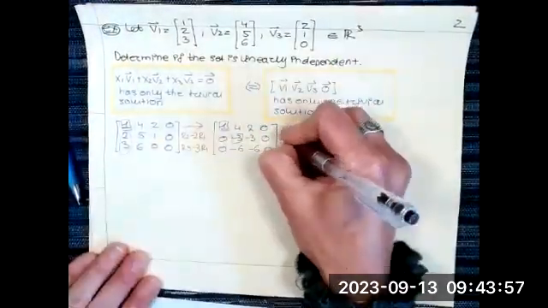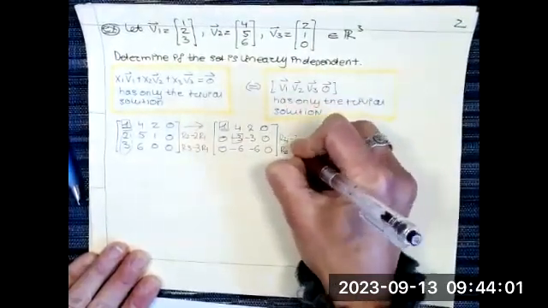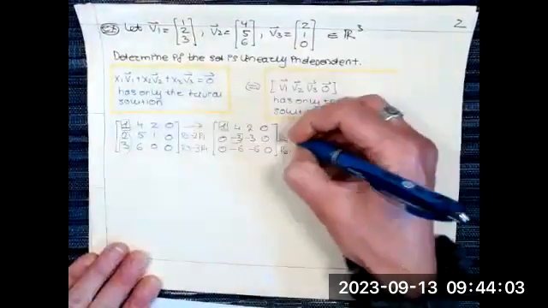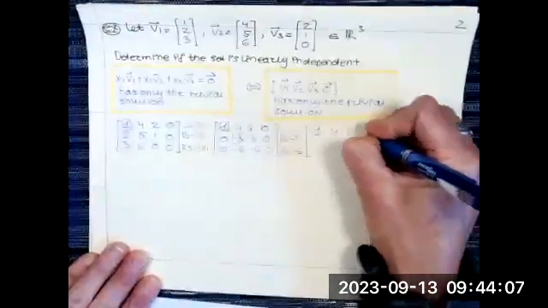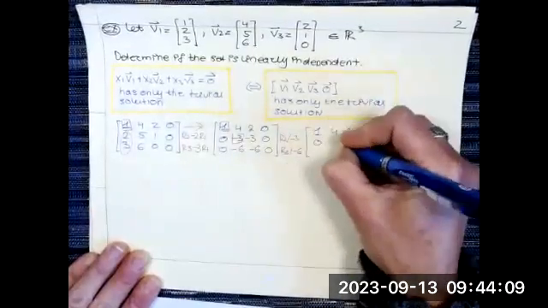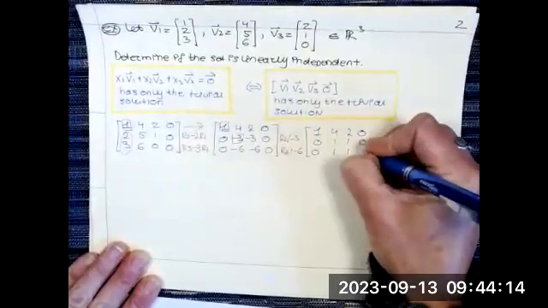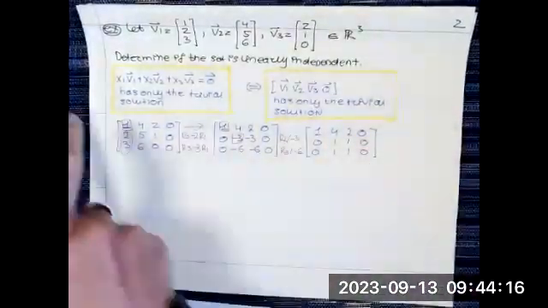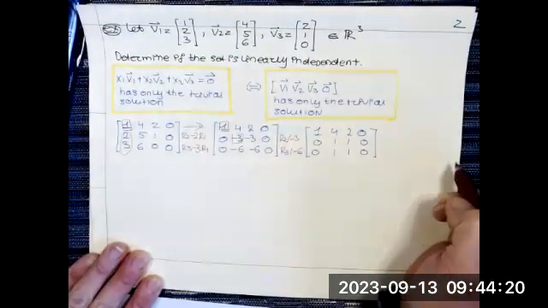I'm going to take row 2 and divide by minus 3, and take row 3 and divide by minus 6. So I have 1, 4, 2, 0, then 0, 1, 1, 0, and 0, 1, 1, 0. It looks like my second and third rows are exactly the same.